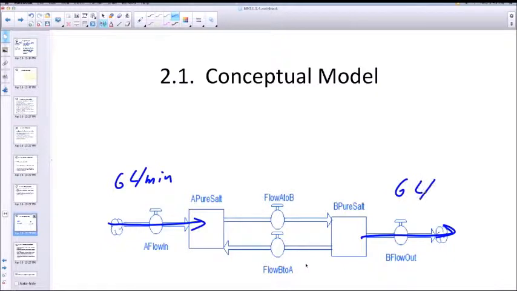You draw it. And when you read, you draw this one, goes 8 liters per minute. You're going to read this detail, and go back 2 liters per minute, and you just draw it on the conceptual model.